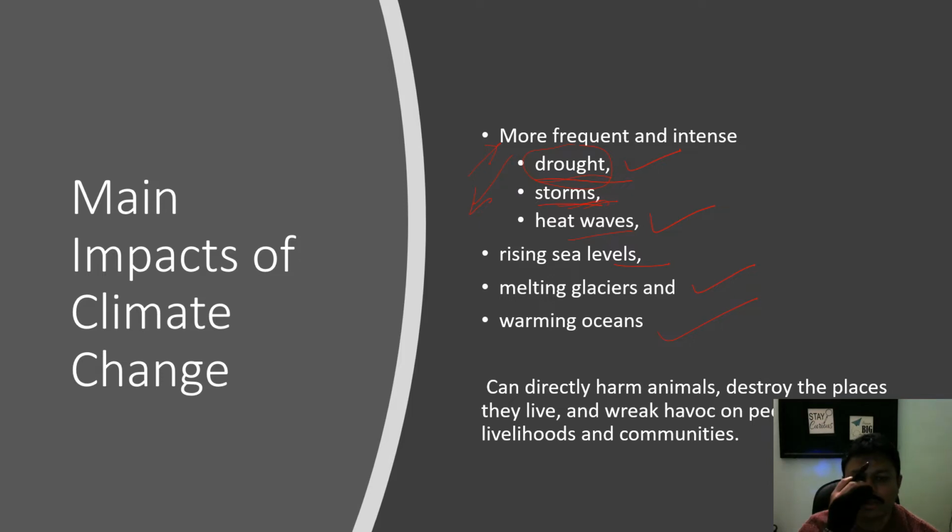These are all impacts of climate change. Now, these things directly impact animals and humans, destroy the places they live, and the livelihood of those places also gets impacted or annihilated due to massive extreme events.